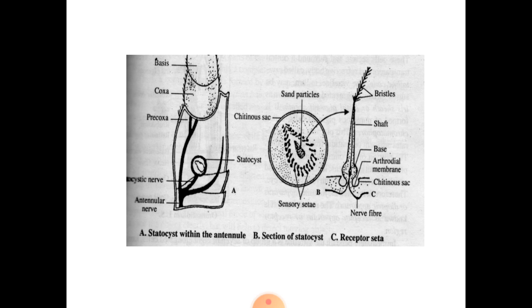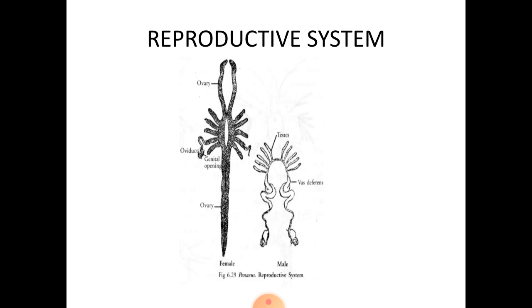Inside it there are sand particles in the middle region, which is covered by sensory setae. Next structure is the structure of sensory setae, which contains a long shaft and bristles. It is also innervated by the nerve fiber. So when these sand particles displace, they touch the sensory setae, and from the sensory setae nerve fibers carry the signal into the brain.